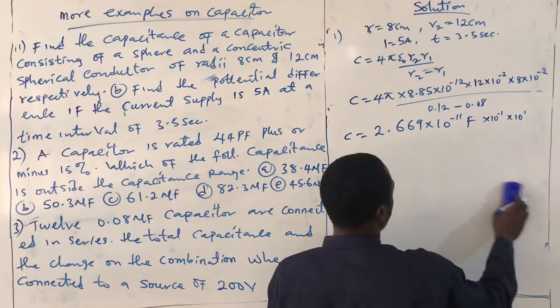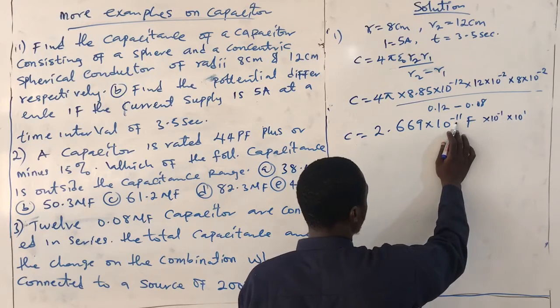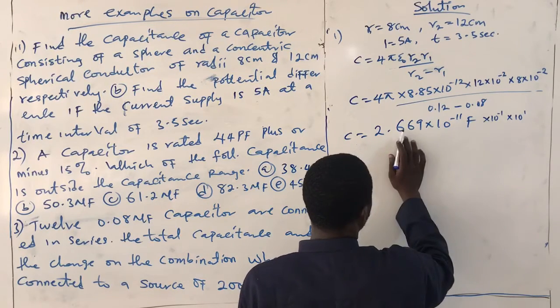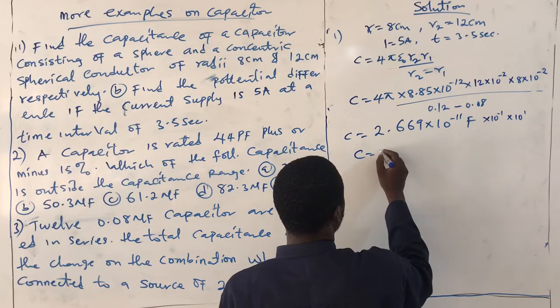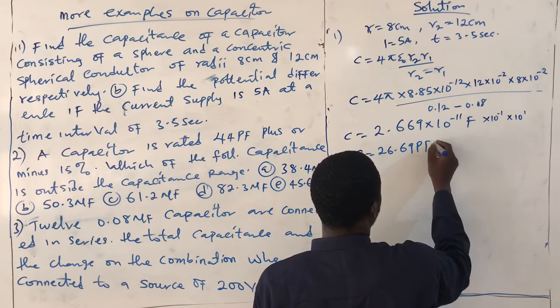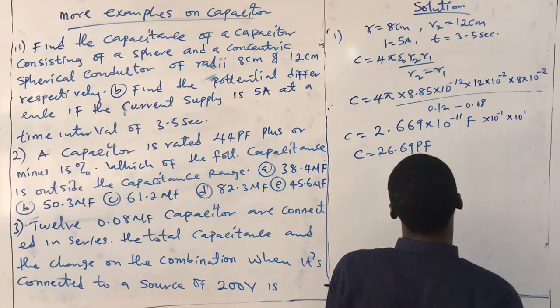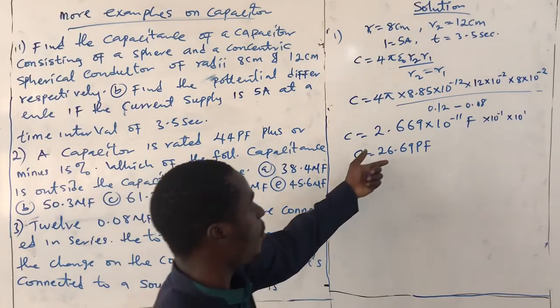If I multiply this by this, I'm going to have minus 12, and 10 times 2.669 gives 26.69 picofarad. This is how to convert, because the option may be in terms of pico.